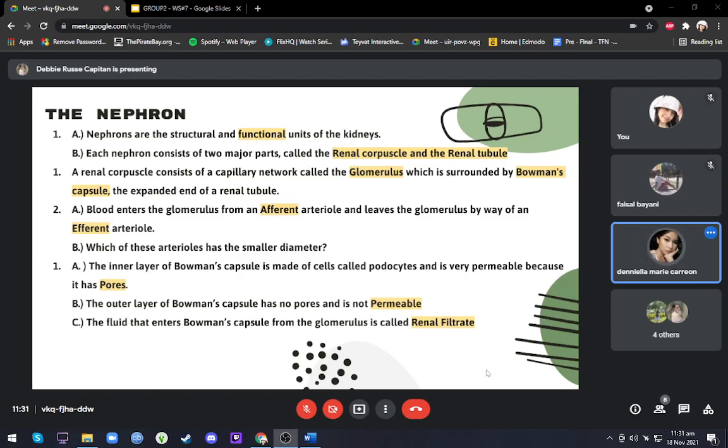Number 4, letter A, the inner layer of Bowman's capsule is made of cells called podocytes and is very permeable because it has pores. Letter B, the outer layer of Bowman's capsule has no pores and is not permeable. Letter C, the fluid that enters Bowman's capsule from the glomerulus is called the renal filtrate. Next.